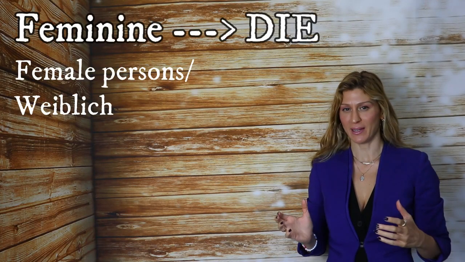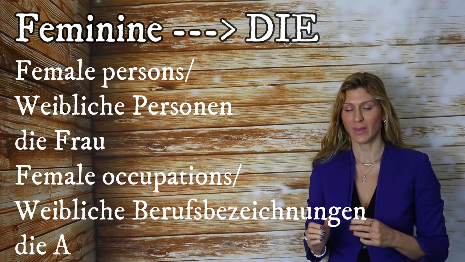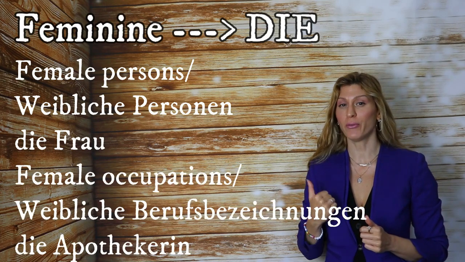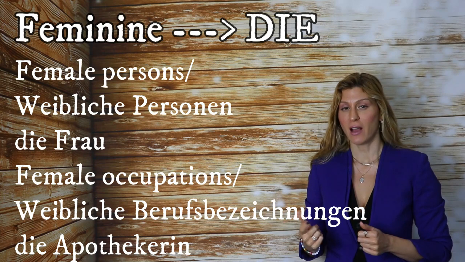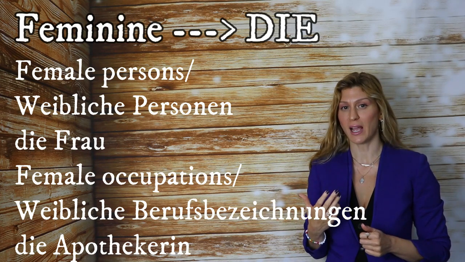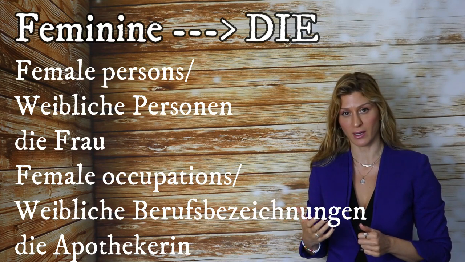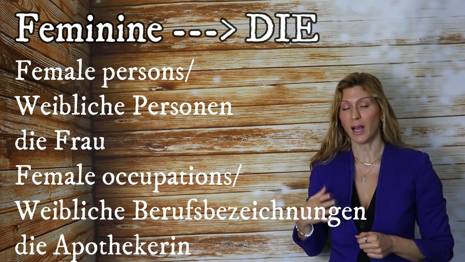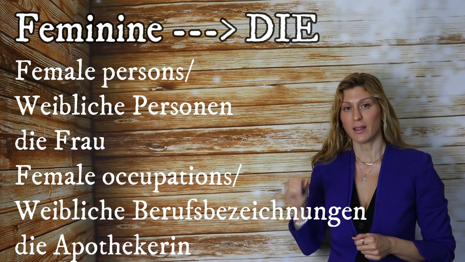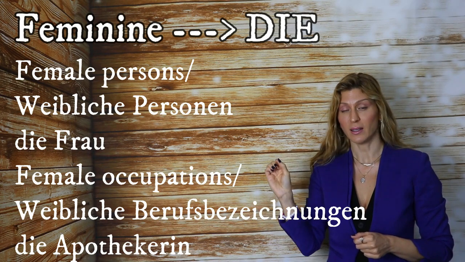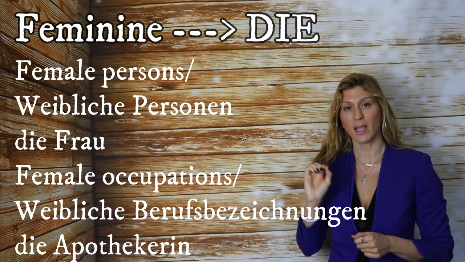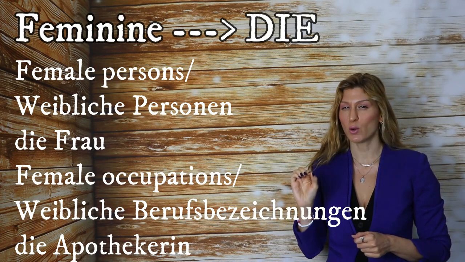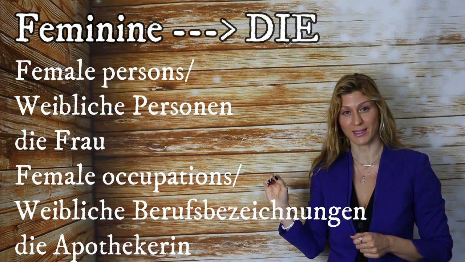So, feminine, femininum. Female persons or female occupations, weibliche Personen und weibliche Berufsbezeichnungen. Die Frau, die Apothekerin. The in at the end indicates that it's a female person, and the same goes for people from certain countries. As an example, die Amerikanerin.